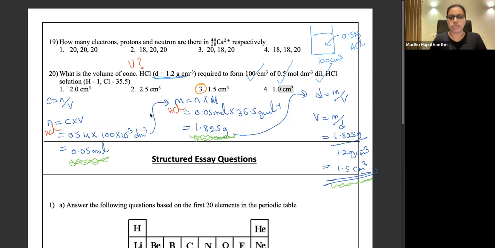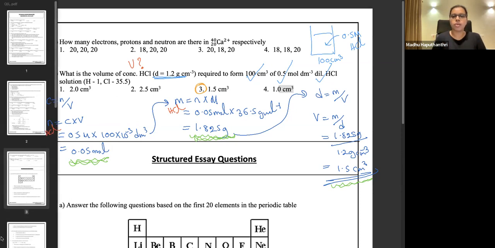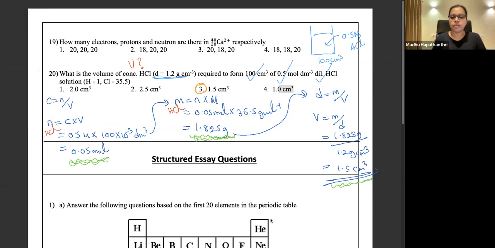Both of them are same, because dividing by 1000 means 1 over 1000. So this is equal to 1 over 10 to the power 3. If you take this 10 to the power 3 to the top, it becomes 10 to the power minus 3, no? So that's what I have written here.